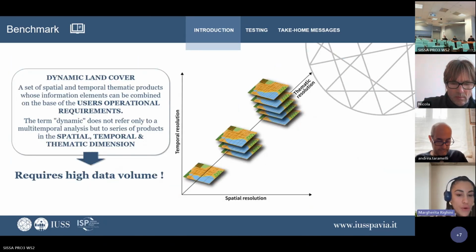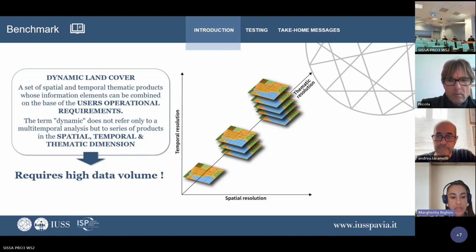Next, please. That's why, as introduced by Professor Taramelli, we talk about dynamic land cover, where the term dynamic does not refer only to a multi-temporal analysis, but to a series of products in the spatial, temporal, and thematic dimensions.